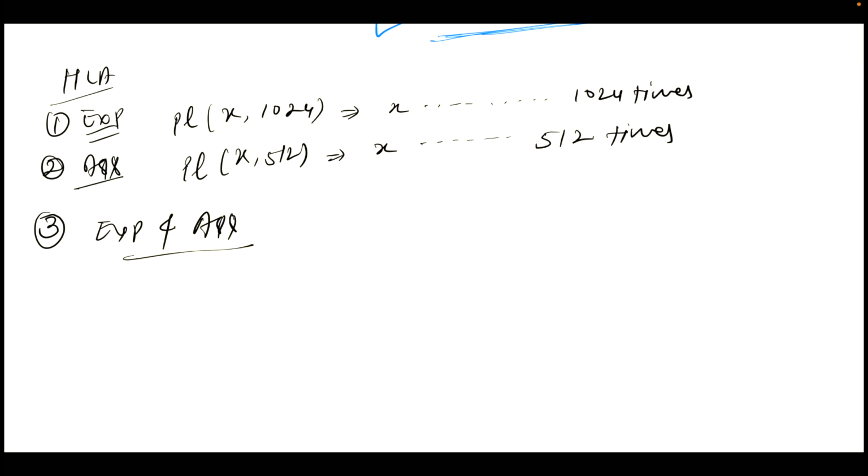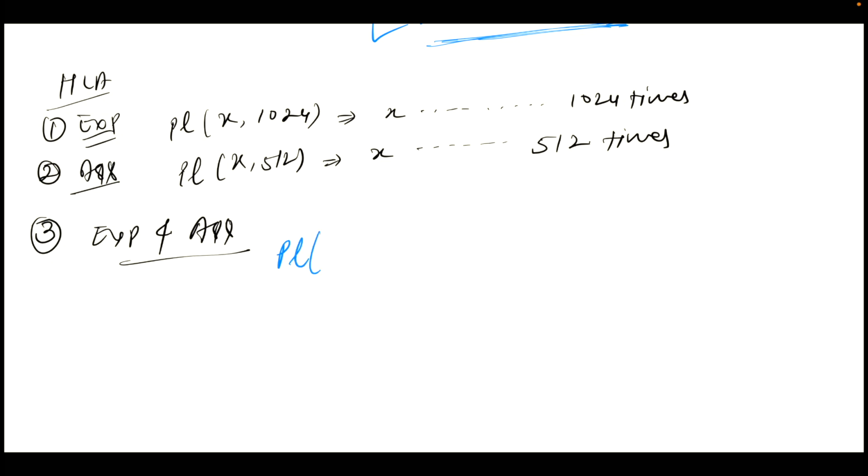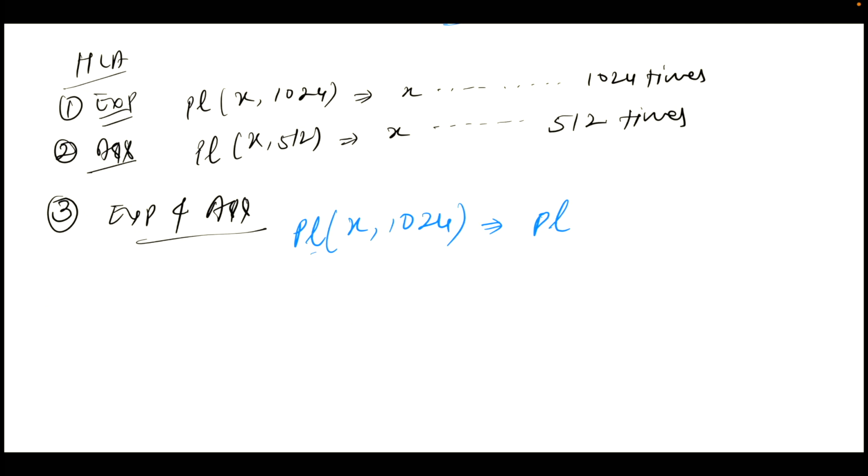So what will that be? Power linear x comma 1024, no, this is not linear, this is logarithmic, so power logarithmic x comma 1024 will be power logarithmic x comma 512, that is n by 2, half of 1024, into PL of x to the power 512, right?